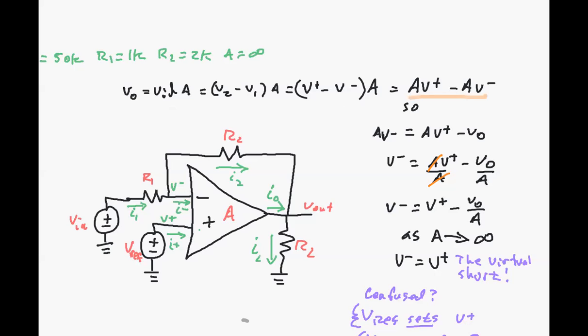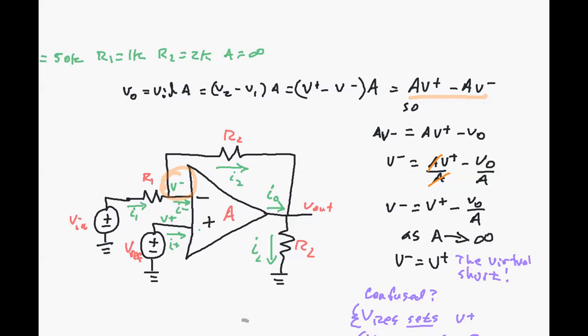If we rearrange, we can solve for V minus, the voltage on this node. I just want to remind you how the short works.